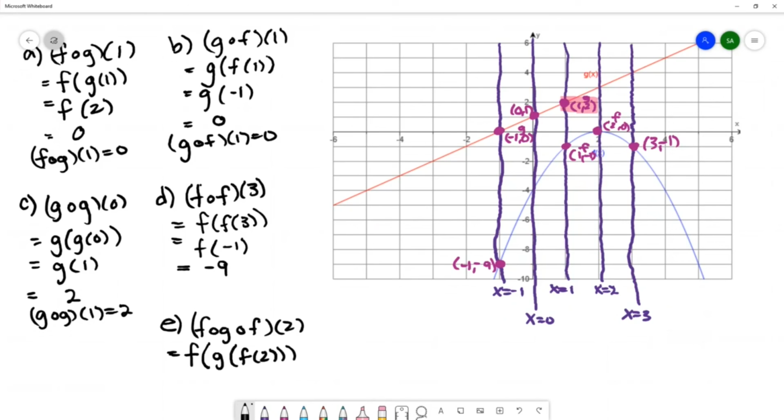So we're going to find f of 2 first. We already have that right here. F of 2 is 0. Then we're going to find g of 0. G of 0, we've already marked that. That's 1. G of 0 is 1, and then f of 1, we already have that marked right here, f of 1 is negative 1.